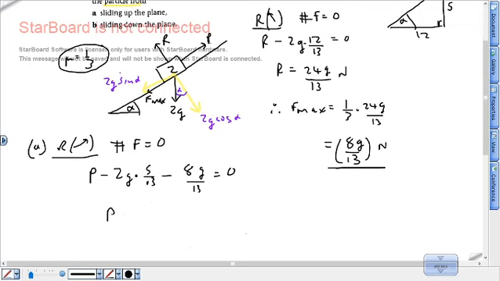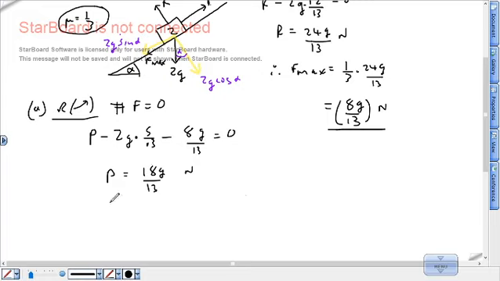So P is simply equal to 10g over 13 plus 8g over 13, which gives a positive 18g over 13 newtons. Working out P: 18 times 9.8 all over 13, and I get 13.6.